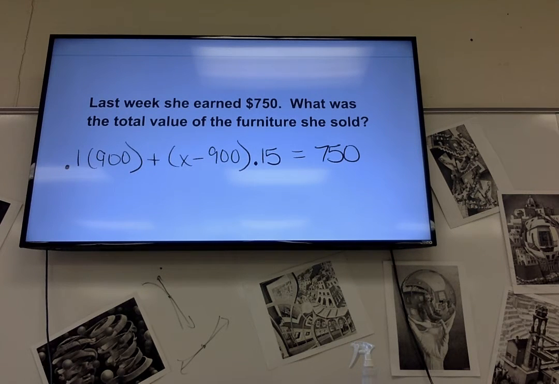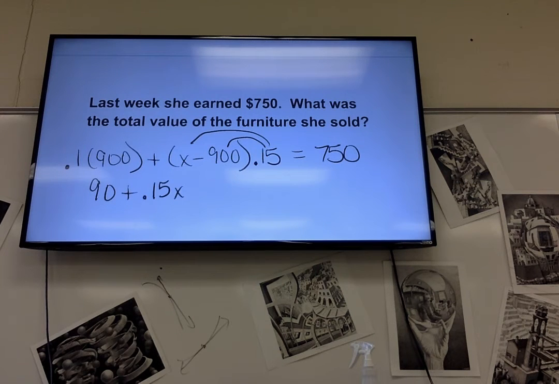What's 0.1 times 900? Is it 90? Yes, it is. So 90 plus, now we're going to take 0.15 times X, which is 0.15X, minus 0.15 times 900.